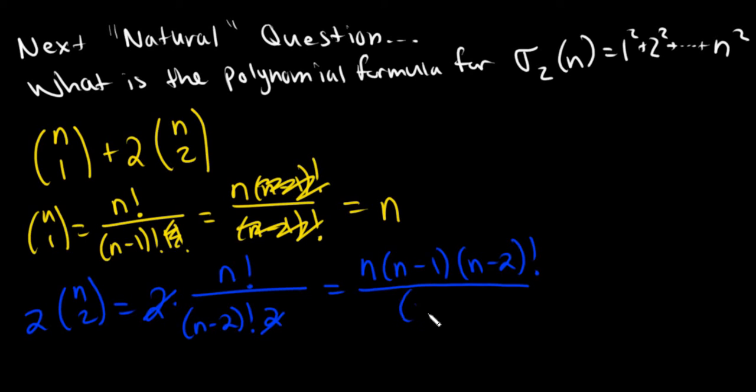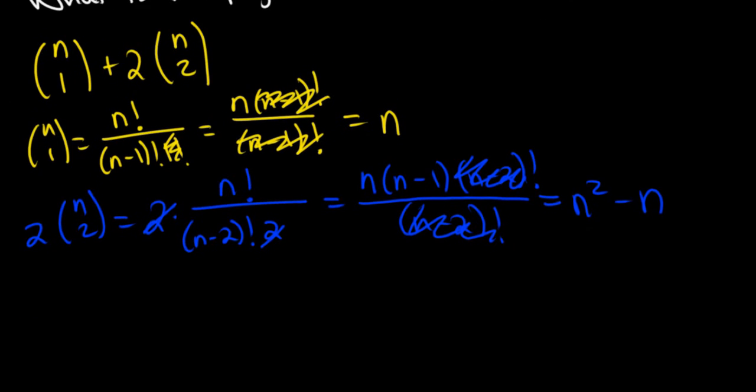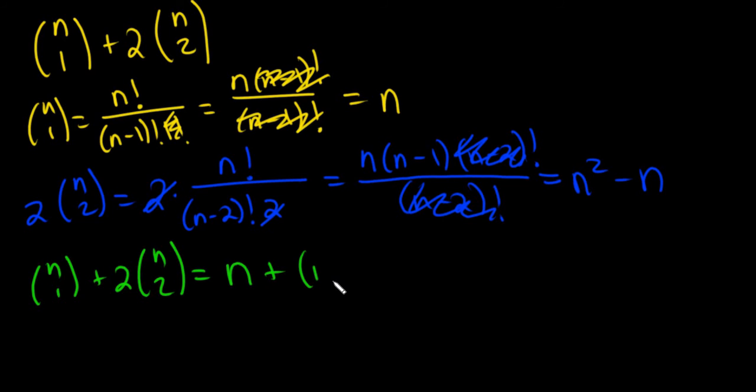Keep the denominator the same. You'll see these n minus 2 factorials cancel. And what you're left with is n times n minus 1, which is n squared minus n. So what happens if we add these guys? If we add them, we'll get n choose 1 plus 2 n choose 2 is equal to n plus n squared minus n, which is n squared, since these guys will cancel.